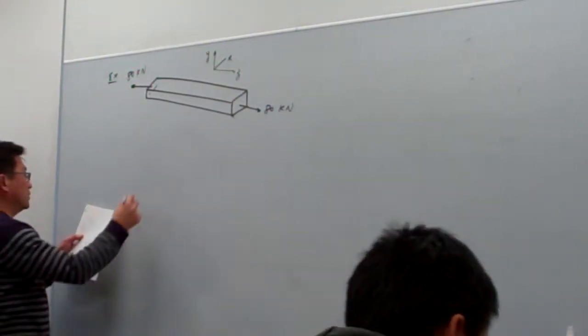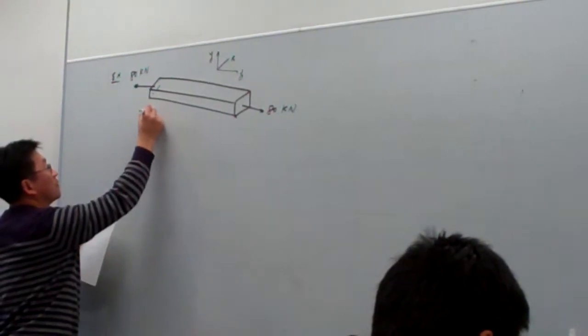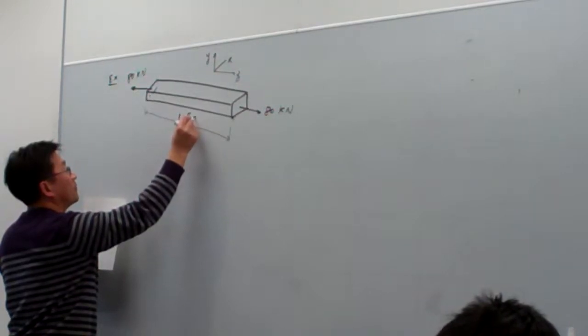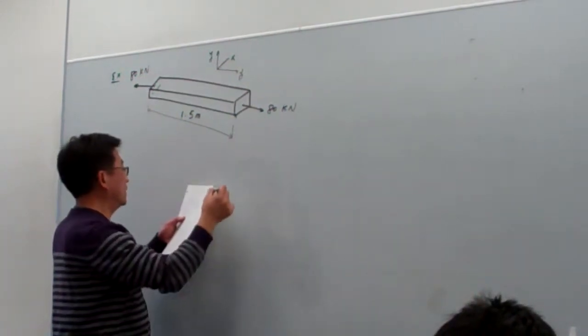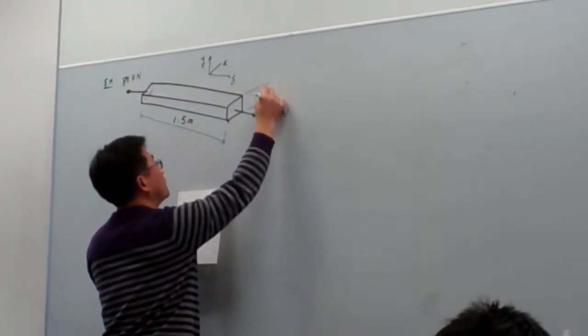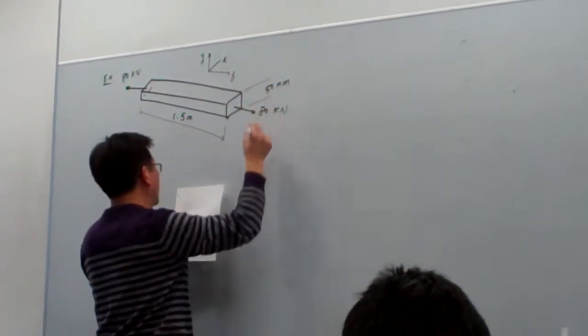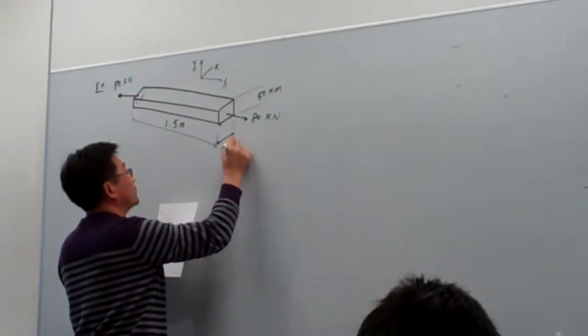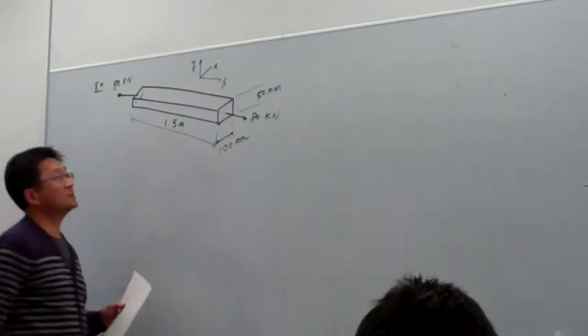The dimension in the Z direction is 1.5 meters, and the other dimensions are 50 millimeters and 100 millimeters.